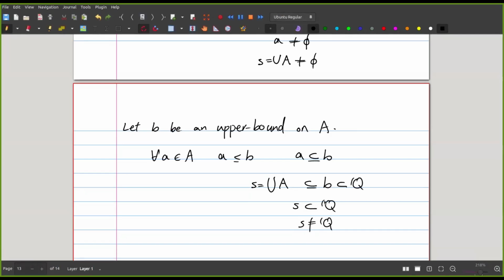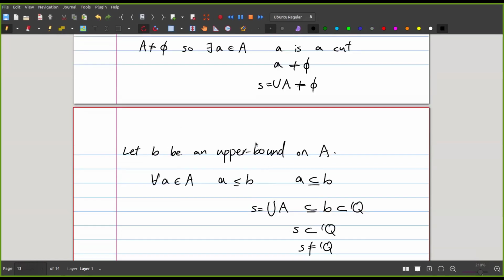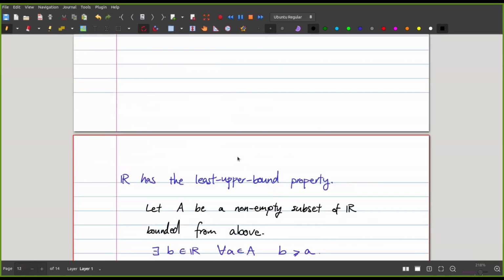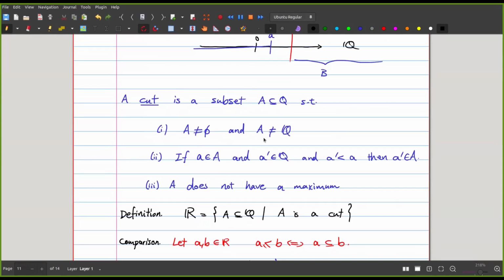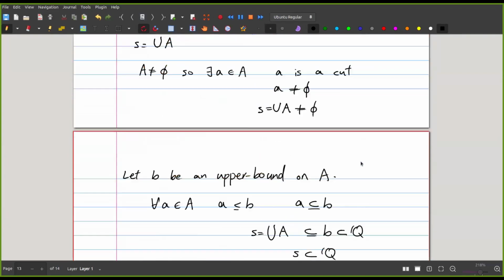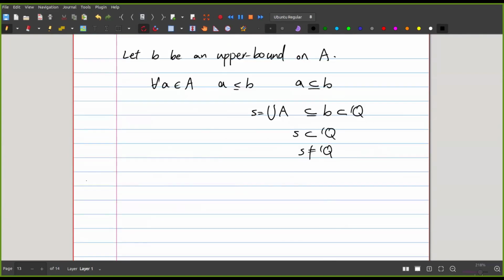Great. So these are the first two properties that we needed to show that S is a cut. So S is not the empty set, S is not the entirety of Q, and this is where I use the fact that A is bounded from above. Now I want to say if there is an element in S, everything smaller than it is also in S. Okay, so I'm going to say, suppose some element, some p is in S. What does this mean?